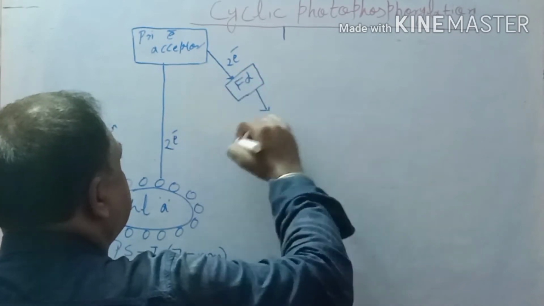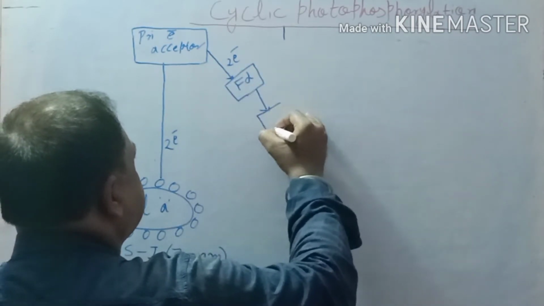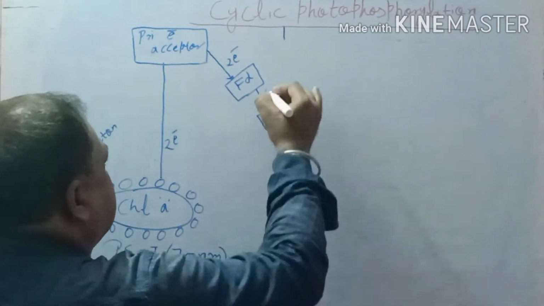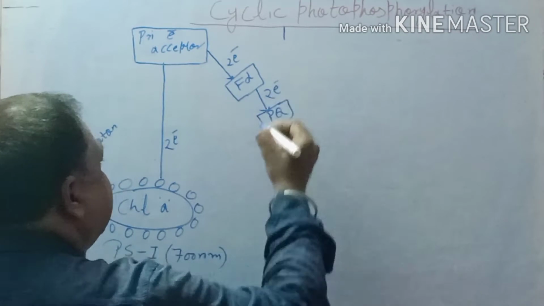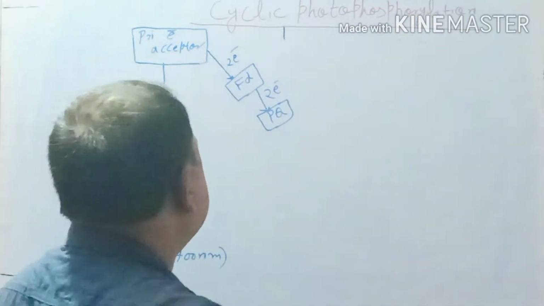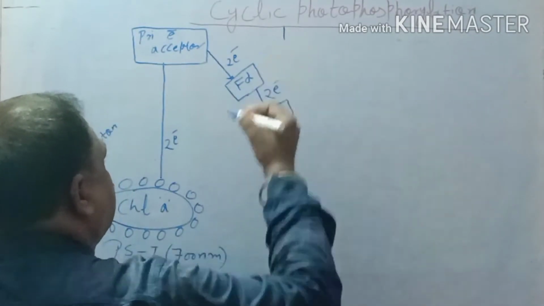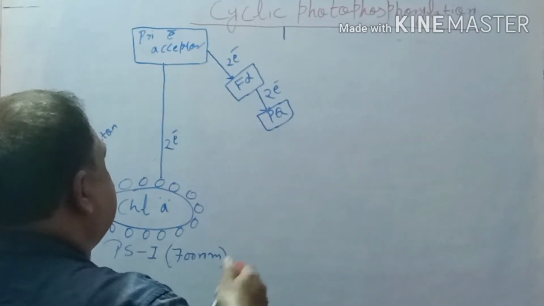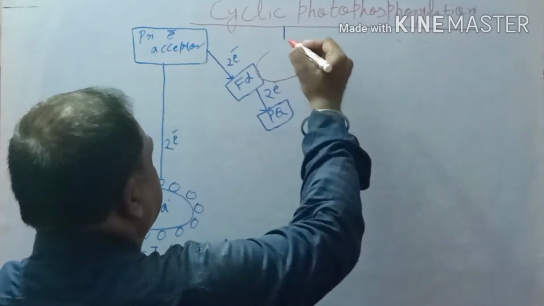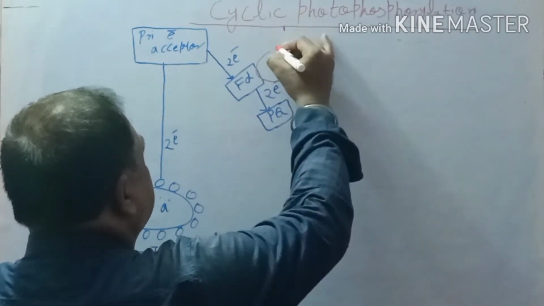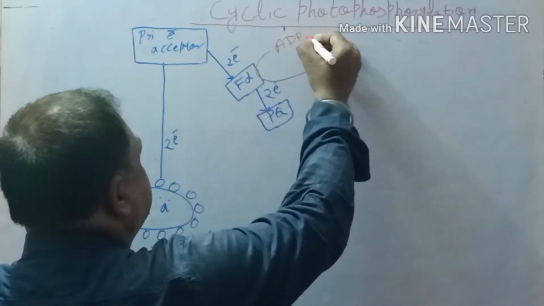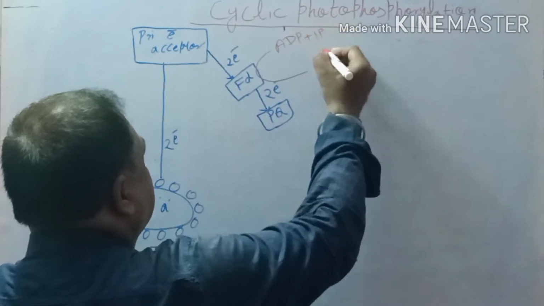Then in PQ, that is plastoquinone, the pair of electrons passes here by the process of electron transport. At the surface of ferredoxin, formation of 1 ATP takes place with the help of ADP plus 1 phosphate.